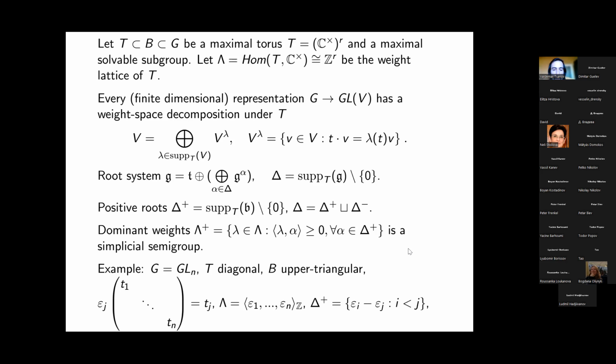So for GL_N, for example, these would be sums of the epsilons with ordered entries. There is an obvious action of the symmetric group. So this is somewhat standard notation for Lie theory. If this is not your cup of tea, then bear in mind that we have a simplicial semigroup, lambda plus.